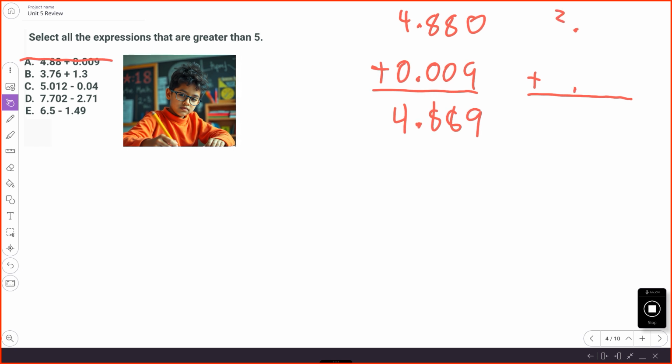Okay. 3, 7, 6, 1, 3. Put the zeros where they belong. All right. We got 6, 0. Whoops, got to put the decimal. 1, 1, 2, 4, 5. Is this more than 5? Yes. Absolutely. This is going to work. All right. The next one I'm going to put here.